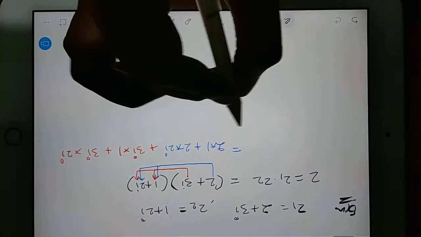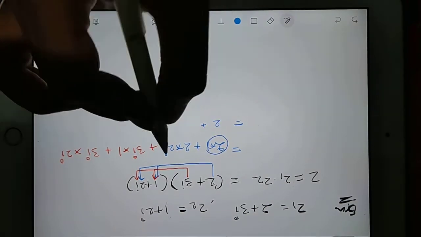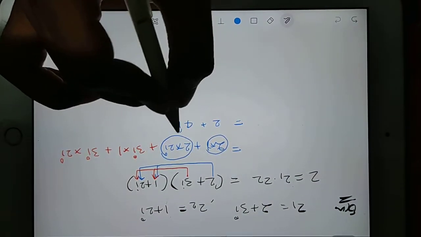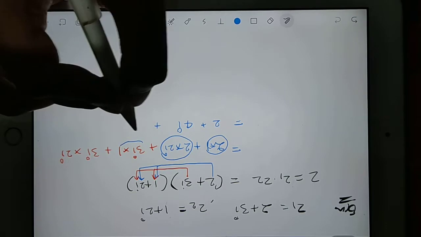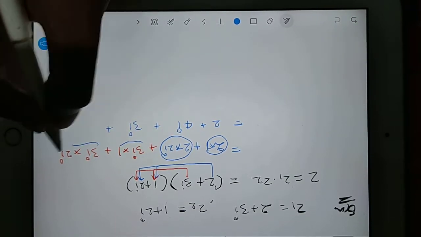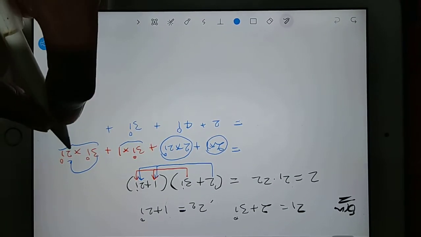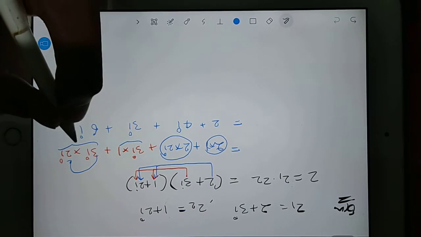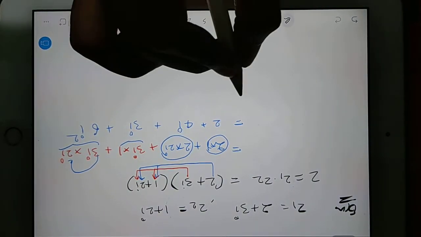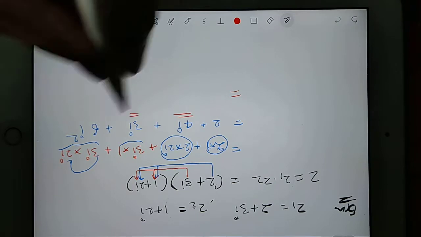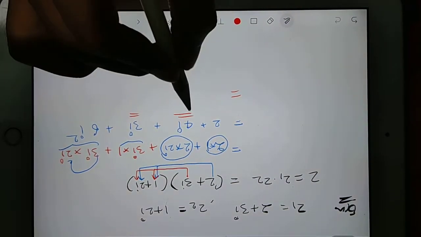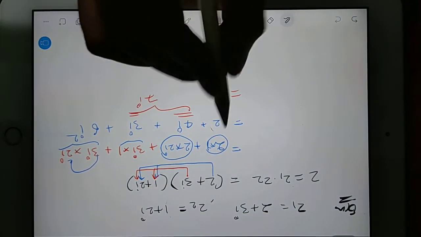Now you see here, this 2 into 1 will give you 2, and this 2 into 2i will give you 4i, and this 3i into 1 will give you 3i, and 3 into 2 is 6, and i into i is i square. So 6i square. Now one more thing you see here, this 4i and 3i we can club together. So this 4i and 3i will give you 7i, and this 2 is 2.